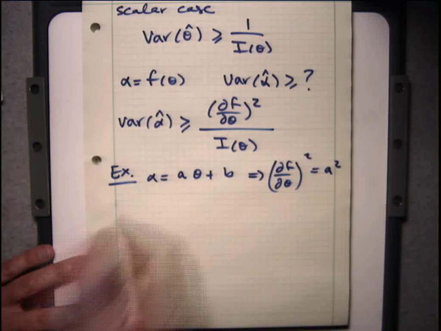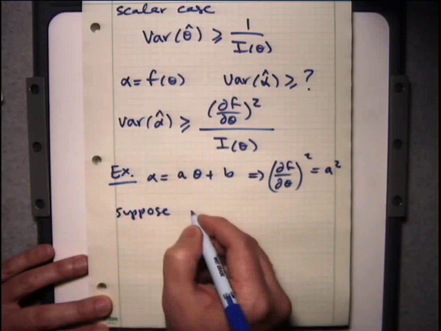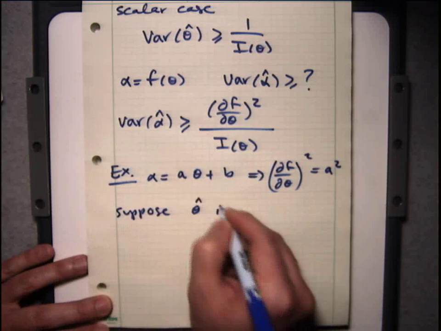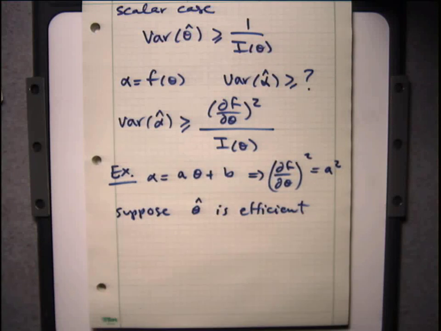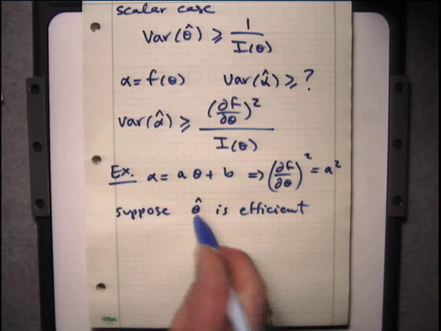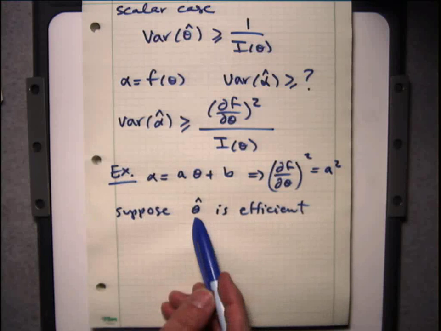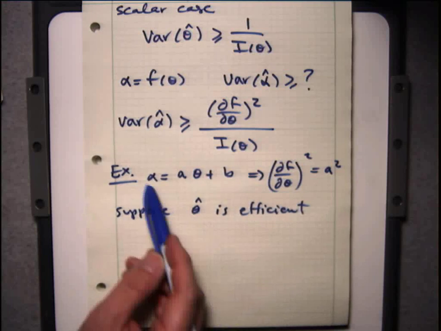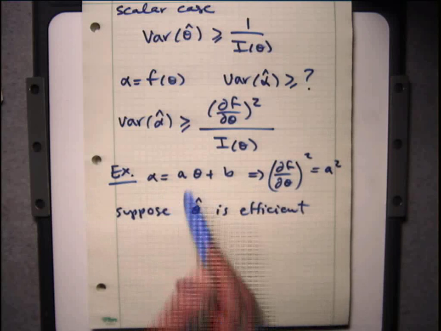Now suppose theta hat is efficient. In other words, suppose you got lucky and came up with an efficient estimator for this parameter theta. What would happen if you now wanted an estimate of this other parameter alpha? Would that also be efficient if you just plugged theta hat into this equation? It turns out the answer is yes, if this function is simple.